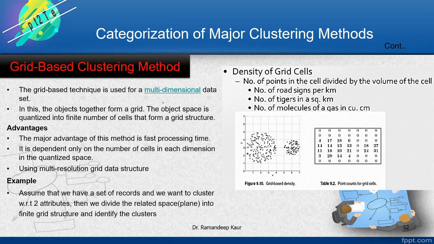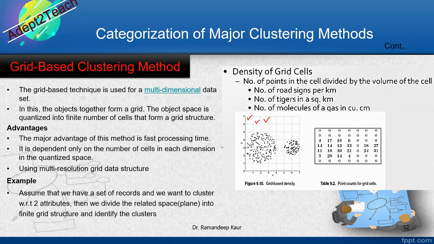Now next is grid based clustering. Grid based clustering says all the objects form a grid, wherein the members in the grid represent cells. Together it forms a grid structure.